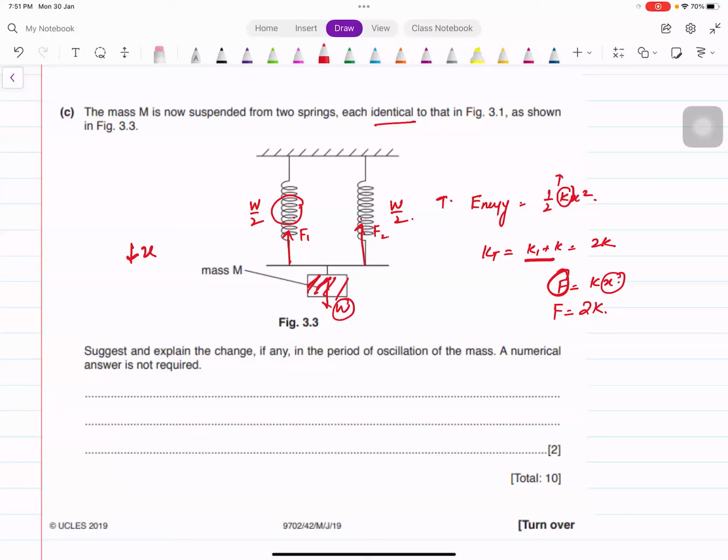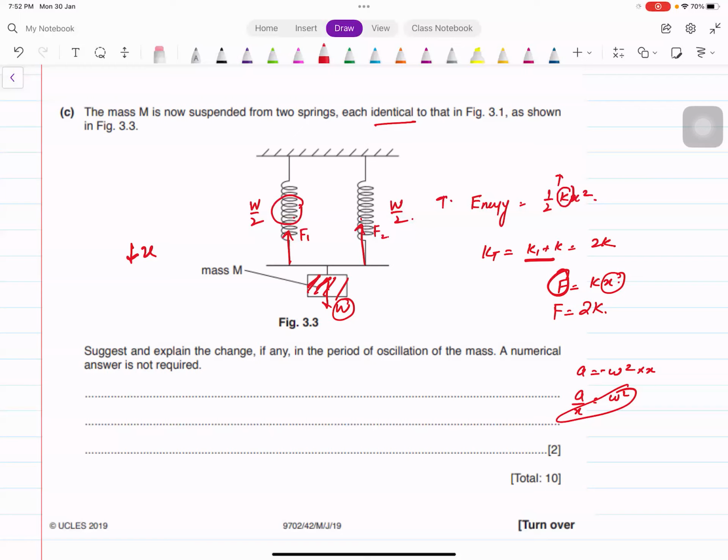Now, let me just explain this to you. Since omega is basically 2 pi by T, and acceleration is omega squared times x, right? Now, what is the relationship between omega and x? Is it inversely proportional or directly?